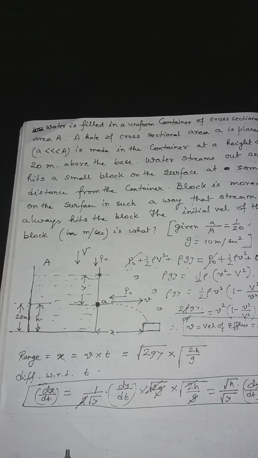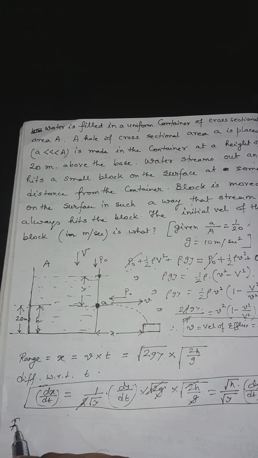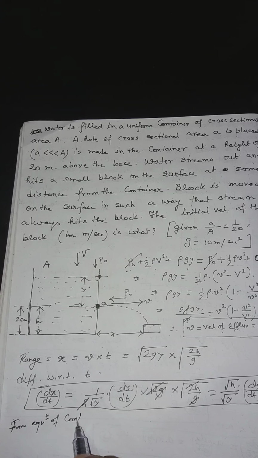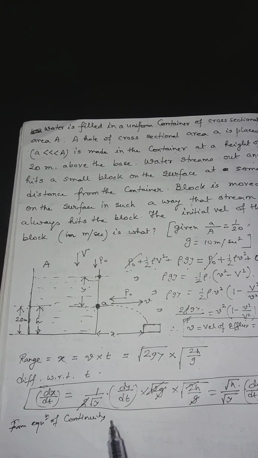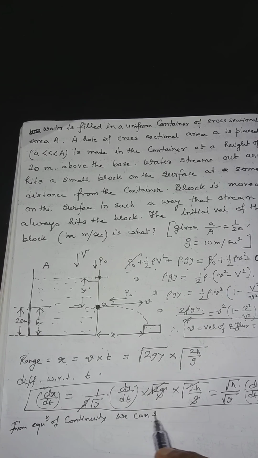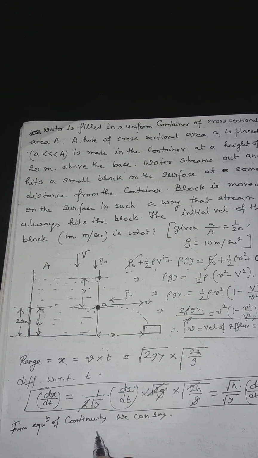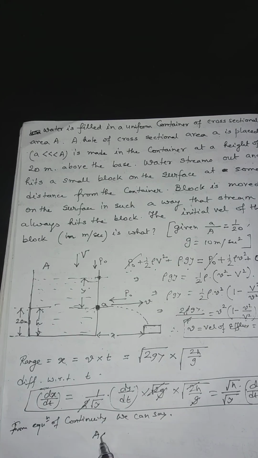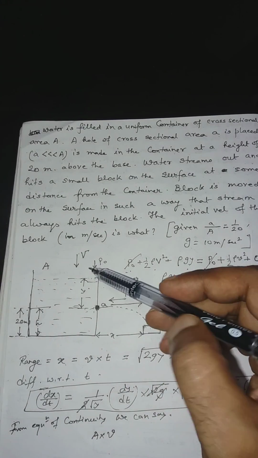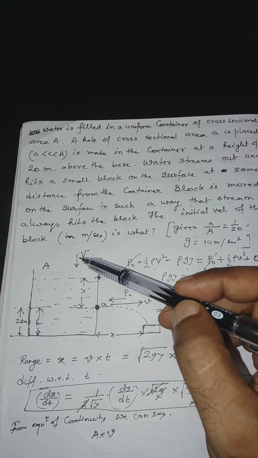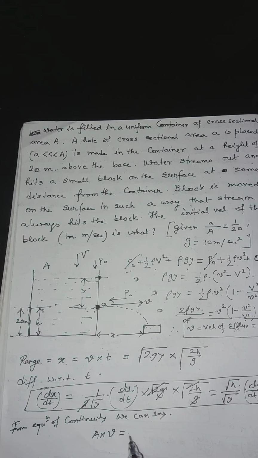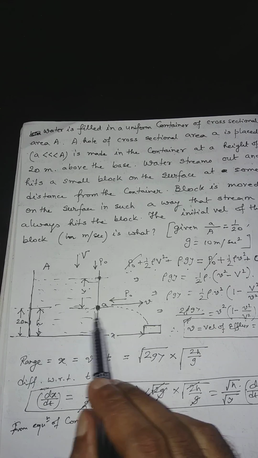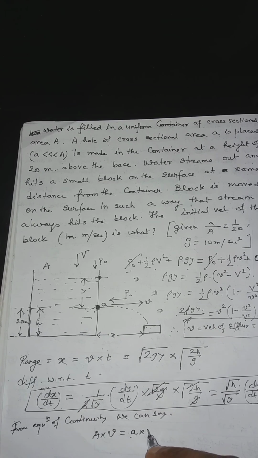Now from the equation of continuity, we can say that A, the cross-sectional area of this, into V, the velocity of the liquid or water moving in the vertical direction, is equal to the cross-sectional area of the hole, small a, into the velocity of efflux, small v.